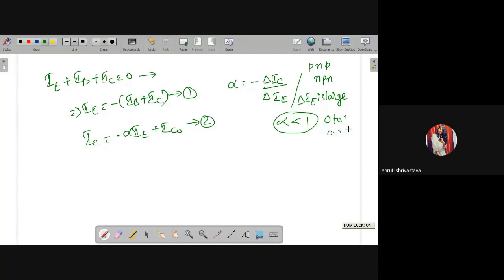That's why you will get alpha values less than 1, something like 0 to 1, like 0.1, 0.2, 0.3. We will have different alpha values.